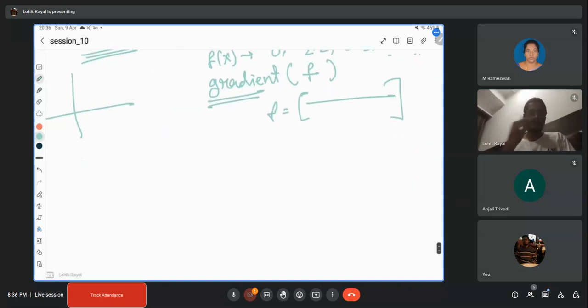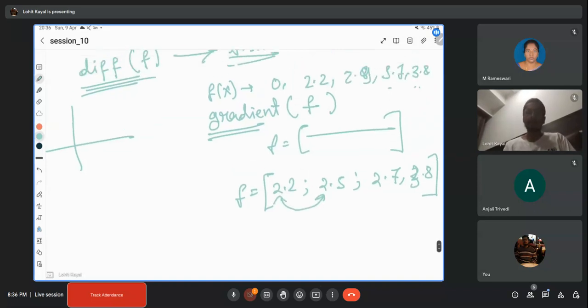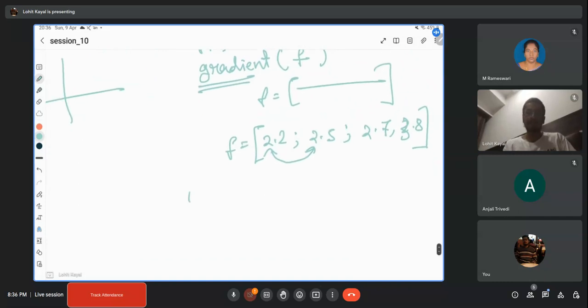Now gradient of f will give you f prime of x for all the points.